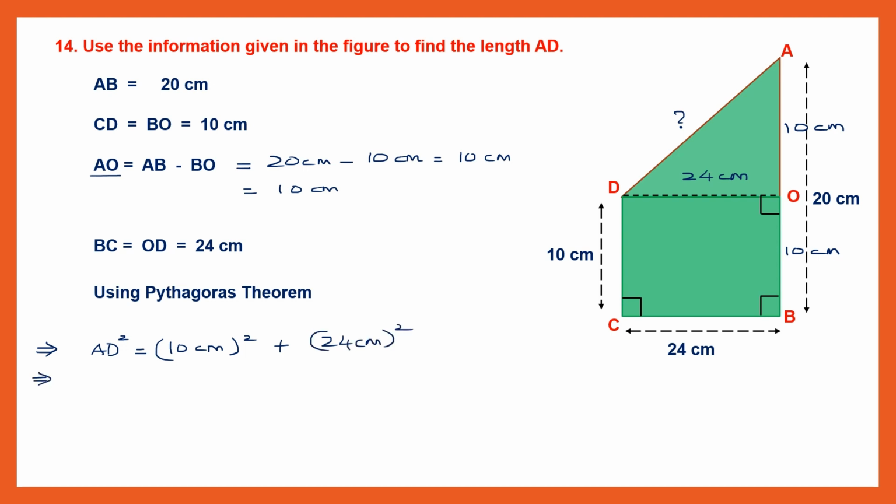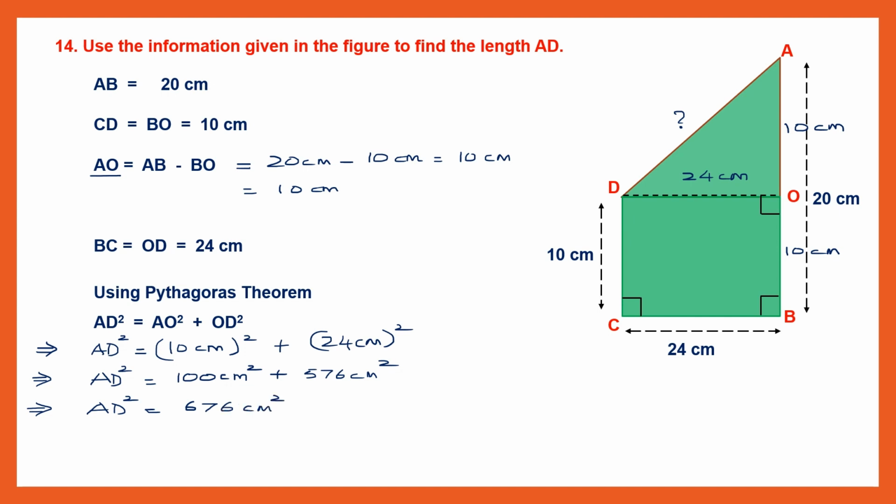So AD square is equal to 10 into 10, that is 100 centimeter square, plus 24 into 24, which is 576 centimeter square. So AD square is equal to 576 plus 100, which is 676 centimeters square.